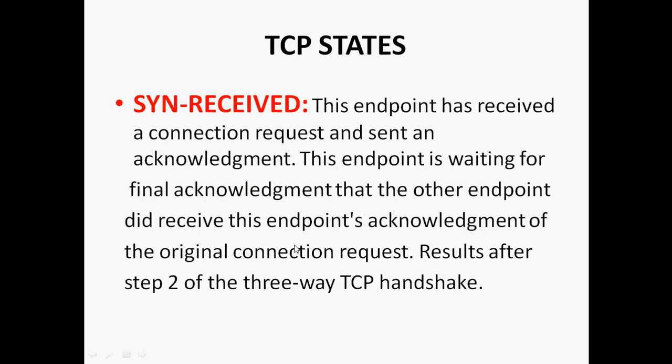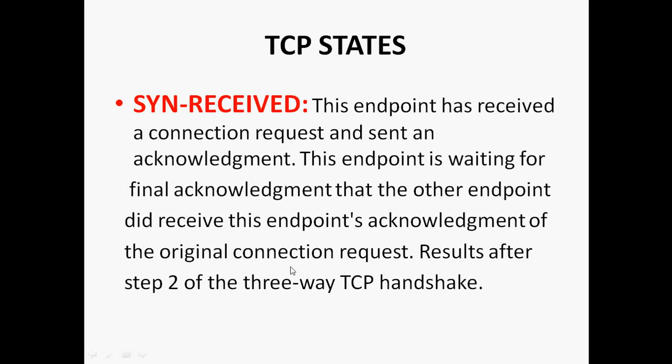The next state is SYN-RECEIVED. This endpoint has received a connection request and sent an acknowledgement. This endpoint is waiting for a final acknowledgement, so that the other endpoint did receive this endpoint's acknowledgement of the original connection request.